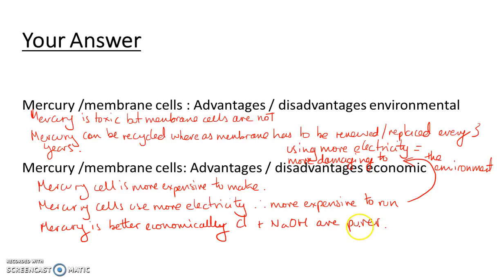And obviously, therefore, it doesn't need to be purified. That doesn't cost as much money, and therefore the product is much better quality. Very simple ways to get 6 marks in an essay question.